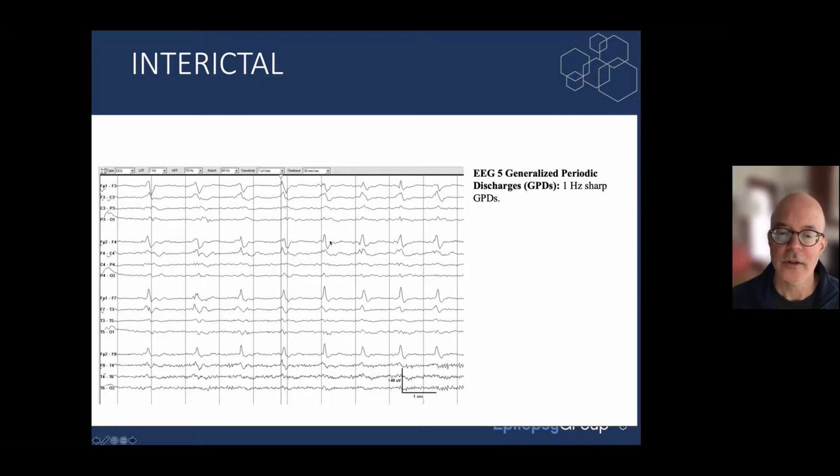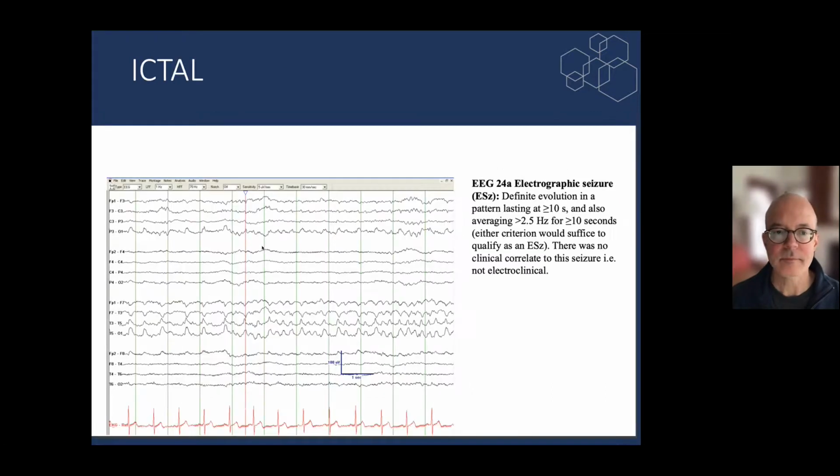Here you're seeing the discharges at about 1 hertz, and they're nice and clean sharp waves. So these are generalized periodic discharges, going along at about 1 hertz. I think you could be comfortable calling the physician, saying, hey, we're seeing these epileptiform discharges, but you would be confident that this is more in the interictal category.